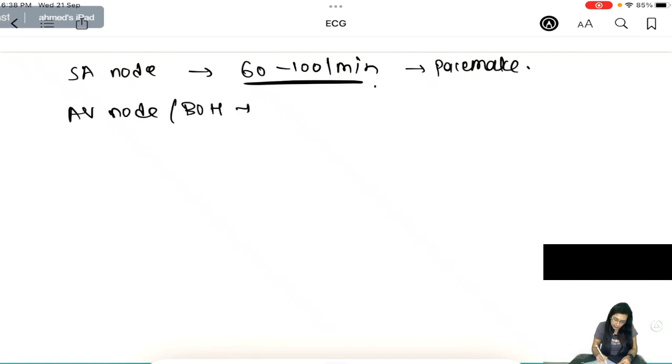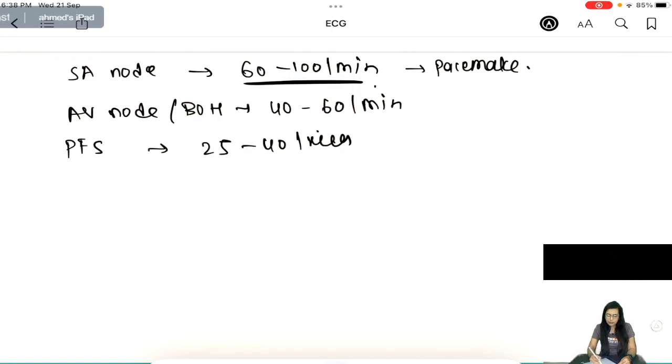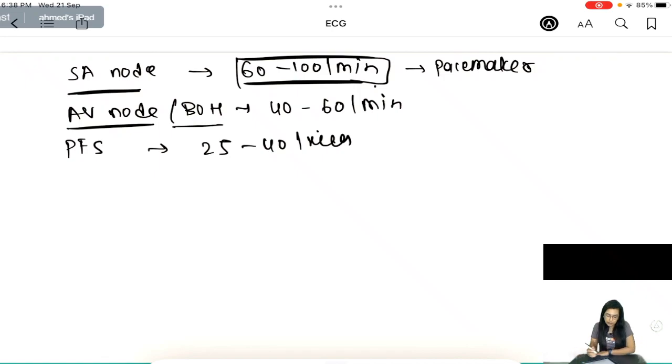They fire at the rate of 40 to 60 per minute. And then there are Purkinje fibers that fire at the rate of 25 to 40 per minute. So as you can see, SA node is firing at the highest rate. That's why it becomes the pacemaker. But in any case, if SA node is not working, for any reason, then AV node takes up the function of producing the impulse and passing it on to the ventricles, because it is important to beat the heart.